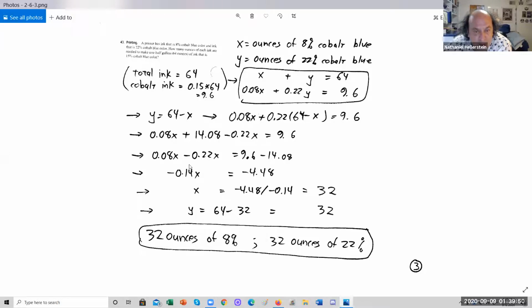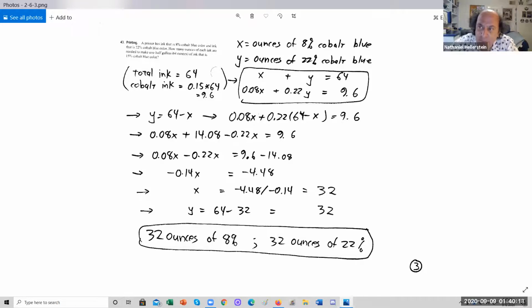To isolate x, we divide both sides by minus 0.14. x equals minus 4.48 over minus 0.14, which comes out to 32. y is 64 minus x. That'll be 64 minus 32, which is also 32. So the answer is 32 ounces of the 8% cobalt, and the other 32 ounces is of the 22% cobalt ink.